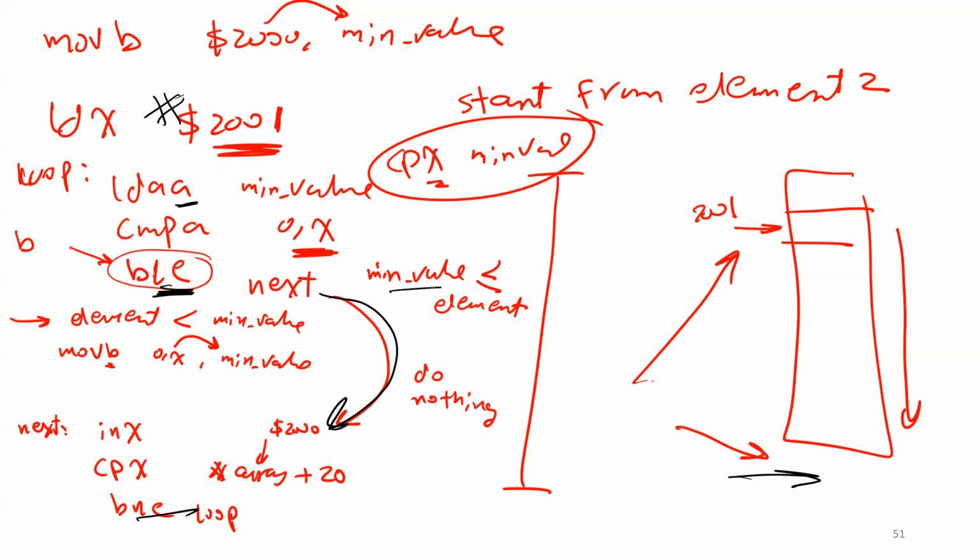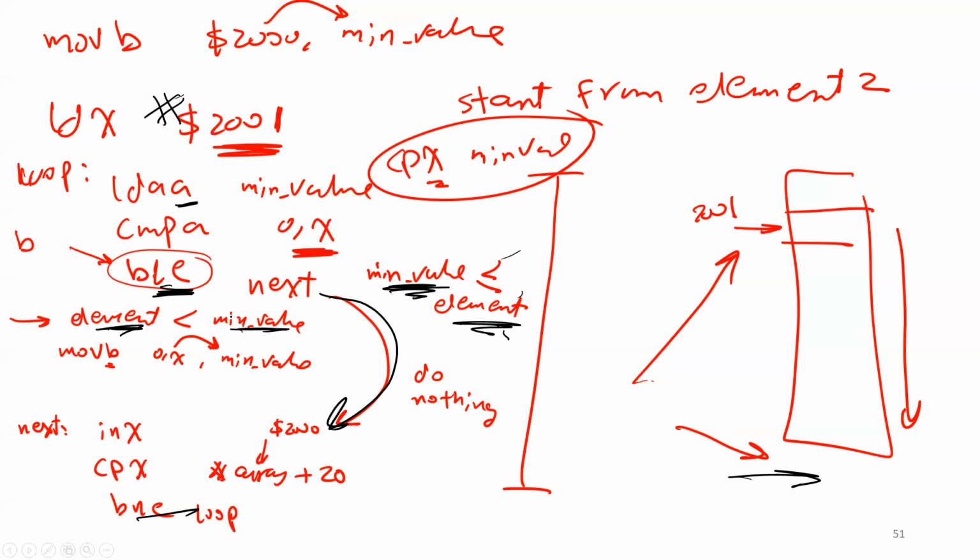That means if minimum value is less or equal than the element, please skip here. Otherwise, I'm going to move this element 0, x to minimum value. Can you see here? If the element is less than minimum value, it's going to come here.